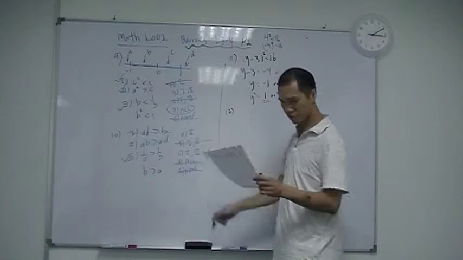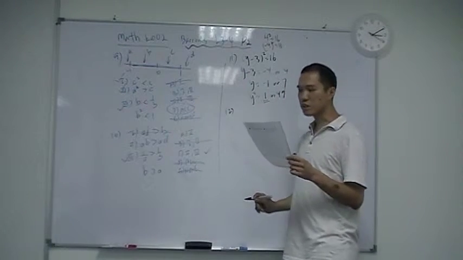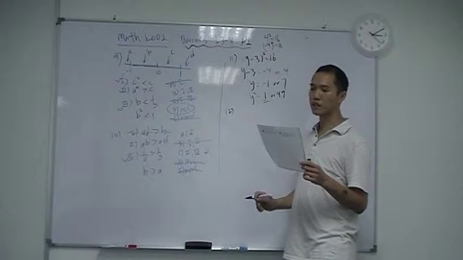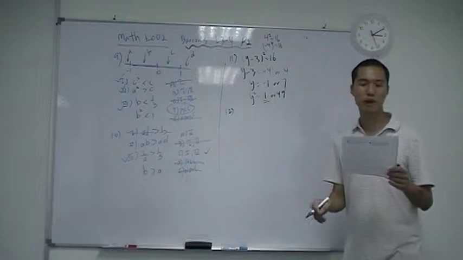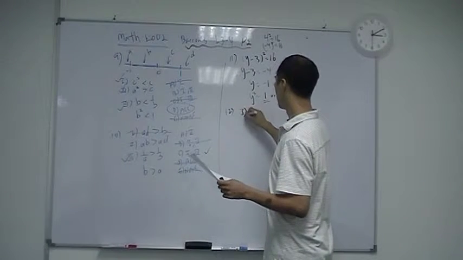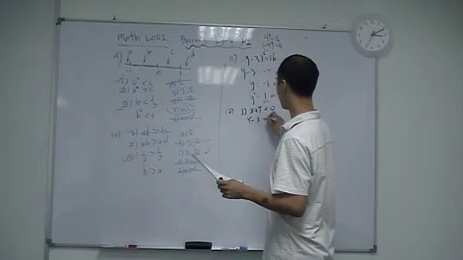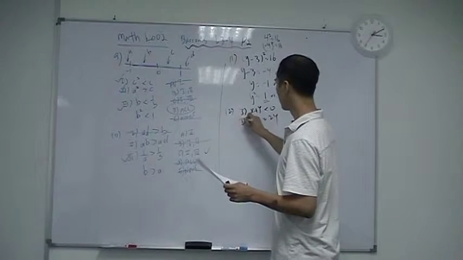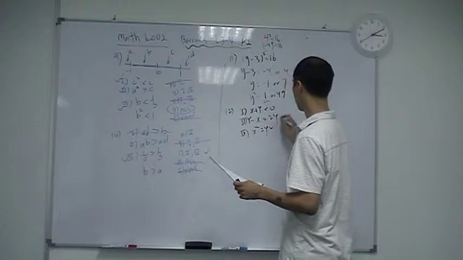Number 12. Okay. If x represents the sum of the 10 greatest negative integers, and y represents the sum of the 10 least positive integers, which of the following must be true? 1: x plus y less than 0, 2: y minus x equal to 2y, 3: x squared equal to y squared.